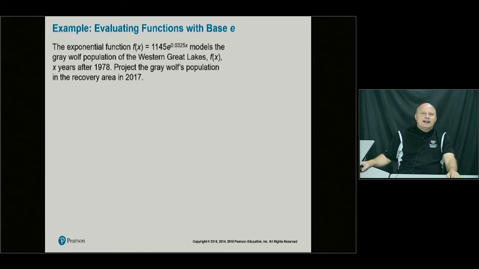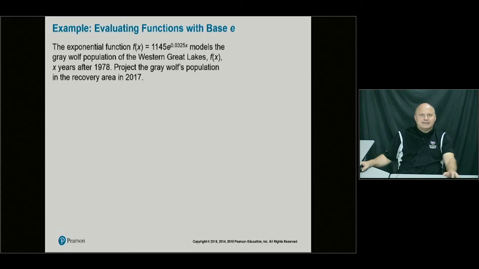Project the gray wolf population in the recovery area in the year 2017. Now, you don't put 2017 in for the f of x, do you? Because look at what x is representing: the years after 1978. So how many years have passed between 1978 and 2017?